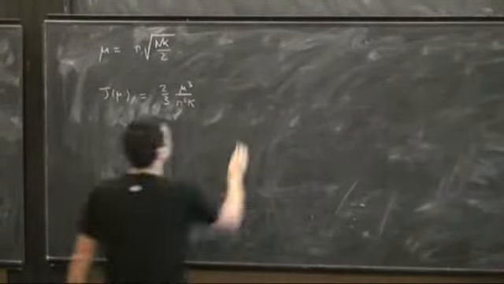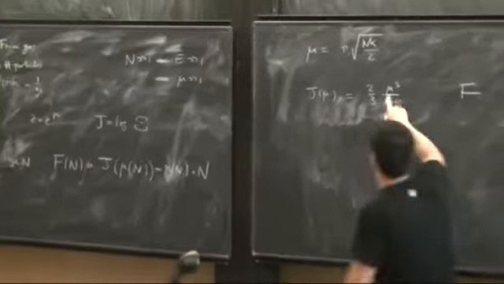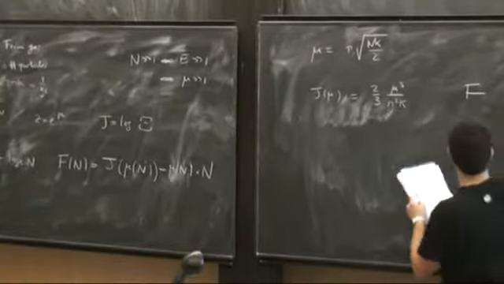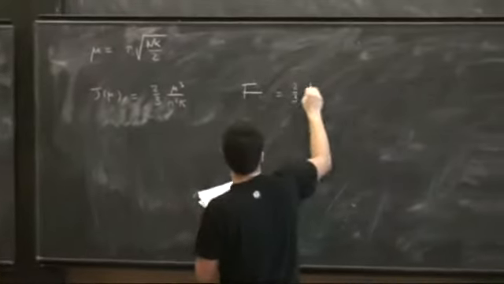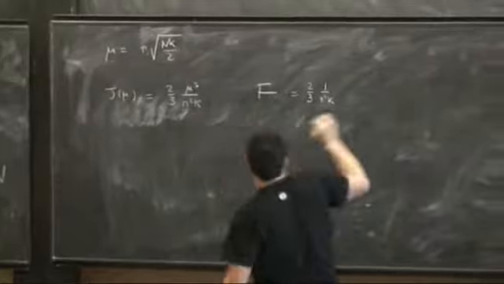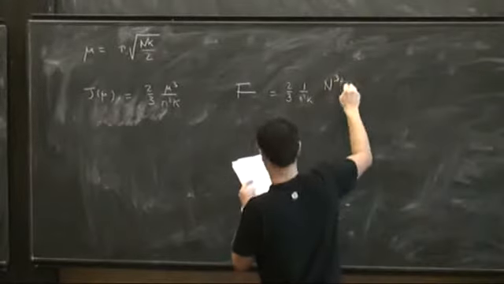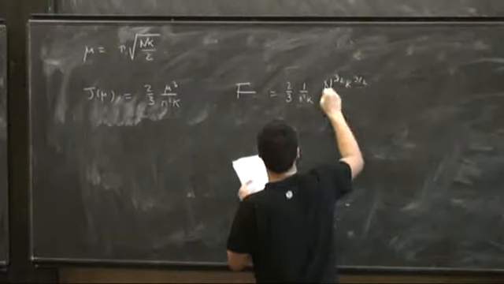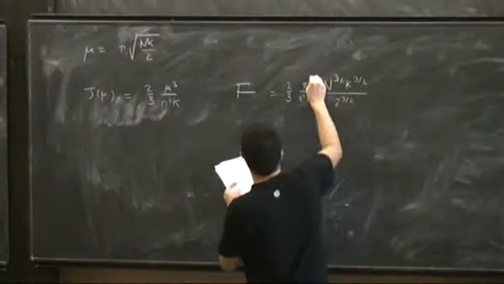And now we can calculate F. What is F? Well, F is J of mu, so it's 2/3 divided by pi squared k, and then mu to the cube. But mu to the cube, you see, is n to the 3 halves, k to the 3 halves, divided by 2 to the 3 halves, and then you have a pi cube.